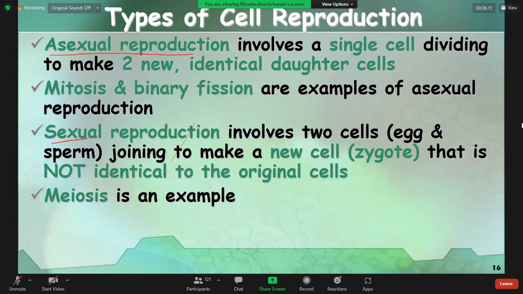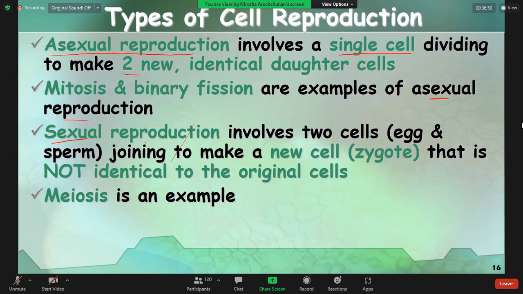Asexual reproduction involves a single cell dividing to make two new identical daughter cells, right? From the single cell, two identical daughter cells will be produced. Mitosis and binary fission are examples of asexual reproduction, right?